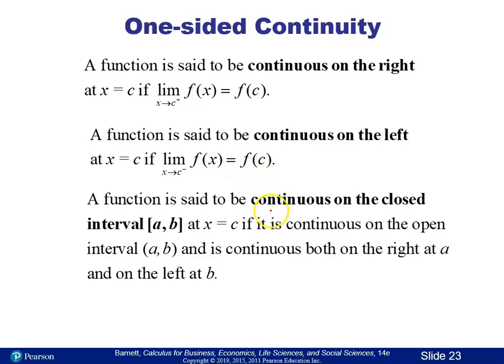And it's said to be continuous on the closed interval a to b if it's continuous on the open interval, and it is continuous both on the right at a and on the left at b. So you can be continuous and include those endpoints if the limit and the function value at that particular endpoint are equal to each other.